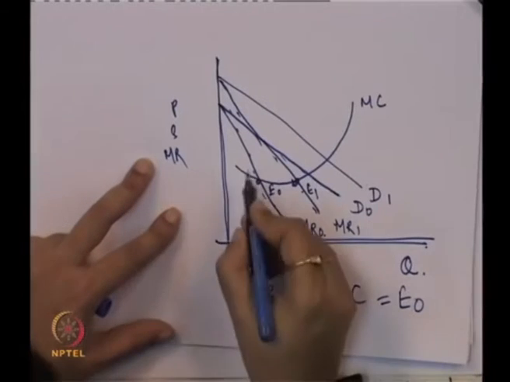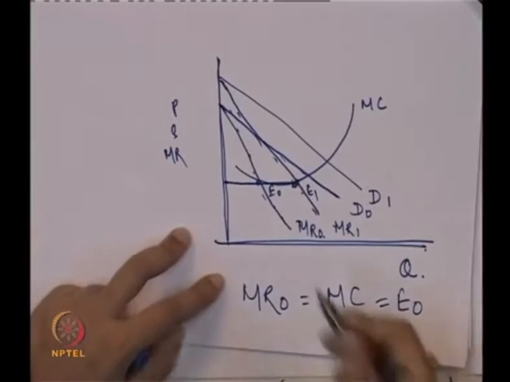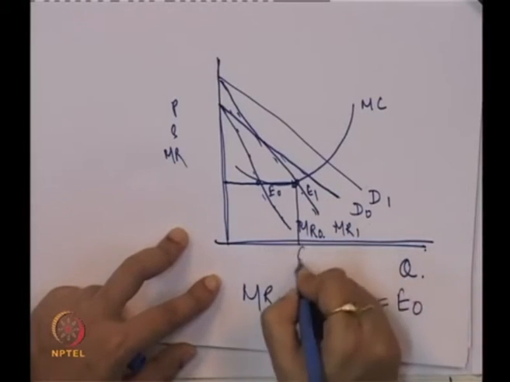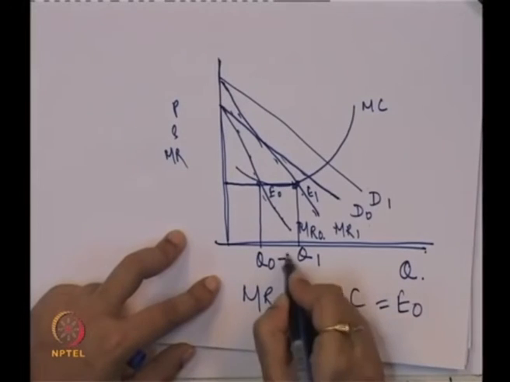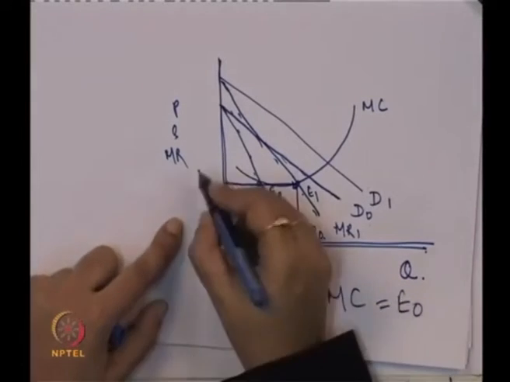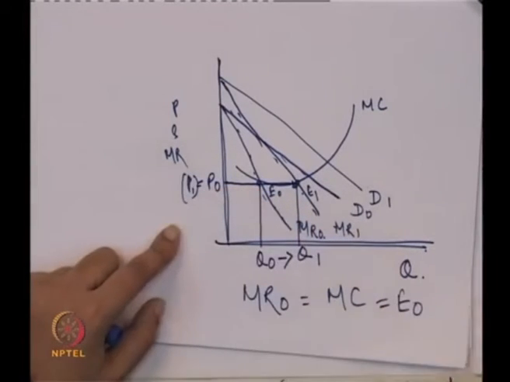So, with the increase in the demand, if you look, the price is still constant even if the output is increasing from Q0 to Q1. The price remains the same at P0, which is also equal to P1.